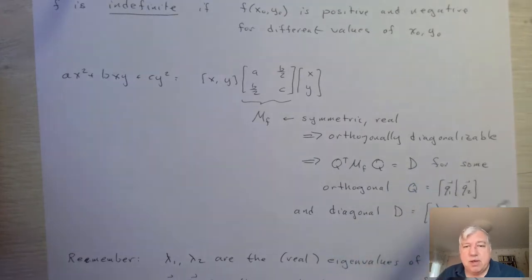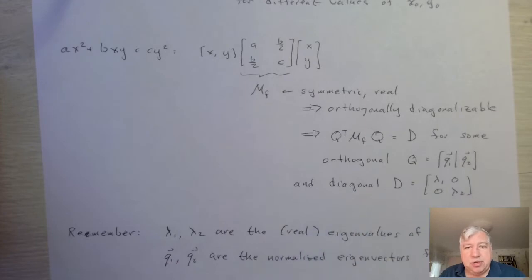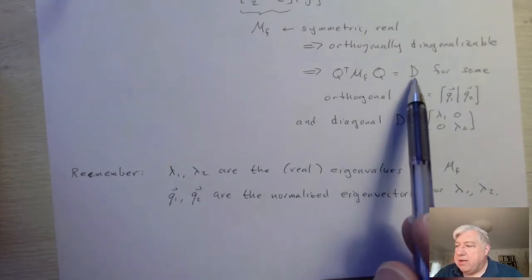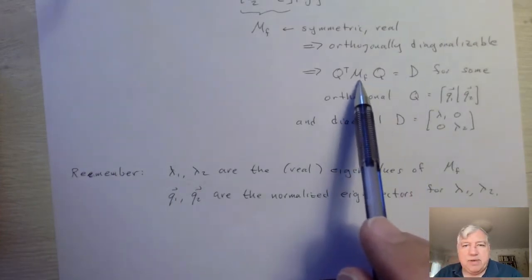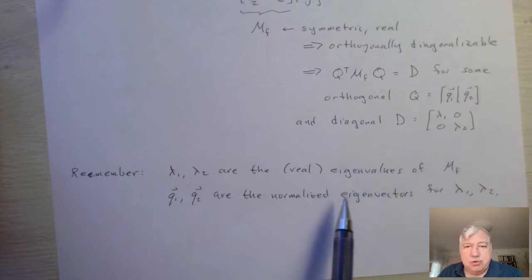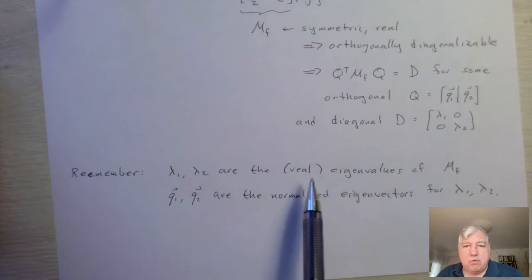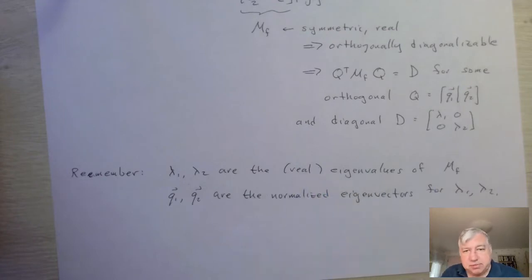That means we can find an orthogonal matrix Q and a diagonal matrix D such that Q transpose times M_f times Q equals D, where D is a 2 by 2 diagonal matrix with diagonal elements lambda 1 and lambda 2. Of course we know that the eigenvalues here are equal to the eigenvalues of M_f. So lambda 1 and lambda 2 are the eigenvalues of M_f, and they are real because this is a symmetric matrix.